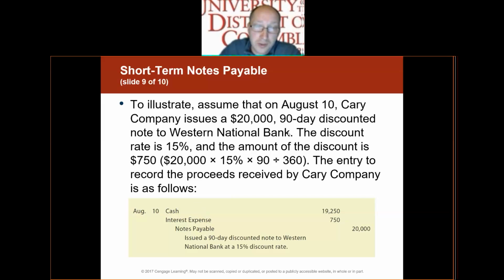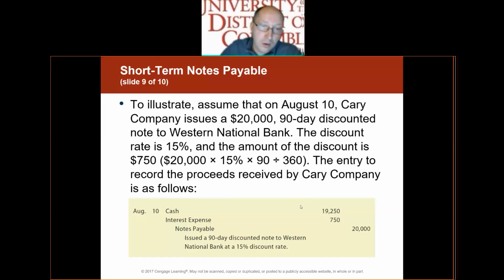We were issued a discount, 15%, which is $750. So $20,000 minus $750 equals $19,250. So we debit cash by that amount because that's the actual cash that our company is receiving from the bank.